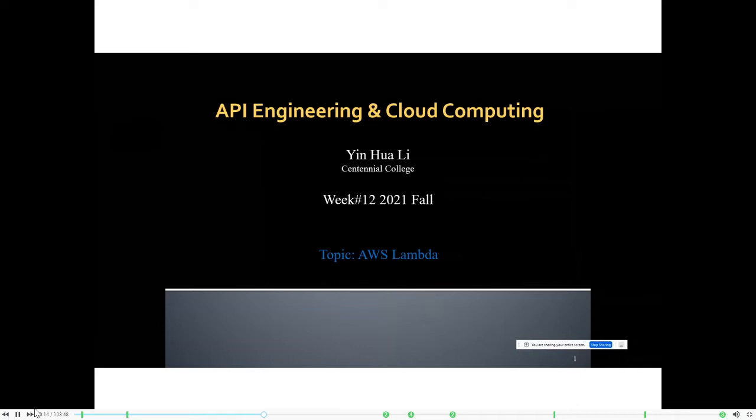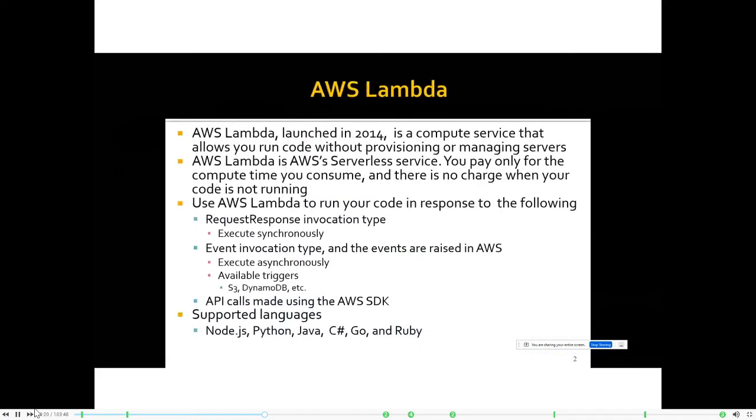But before we talk about serverless applications, today we will mainly focus on AWS Lambda. So what is AWS Lambda? Let's talk about it very briefly. AWS Lambda, which was launched in 2014, is a compute service that allows you to run code without provisioning or managing servers.